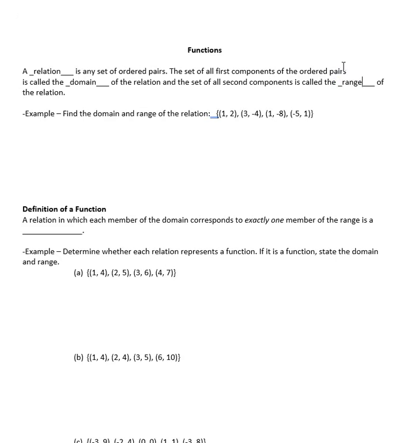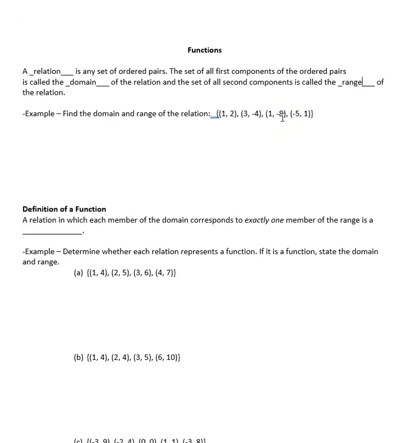So we have an example of a relation down here. We have the ordered pairs (1, 2), (3, -4), (1, -8), and (-5, 1). And we want to find the domain and the range of the relation.